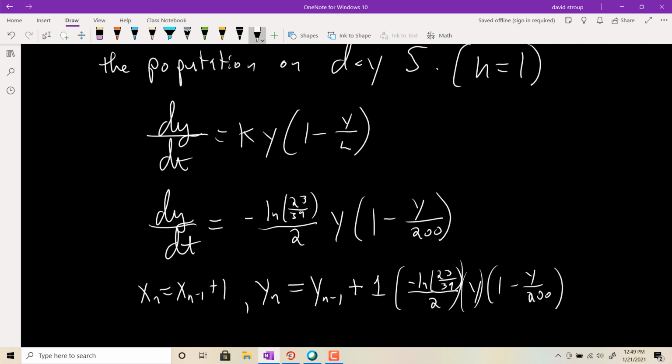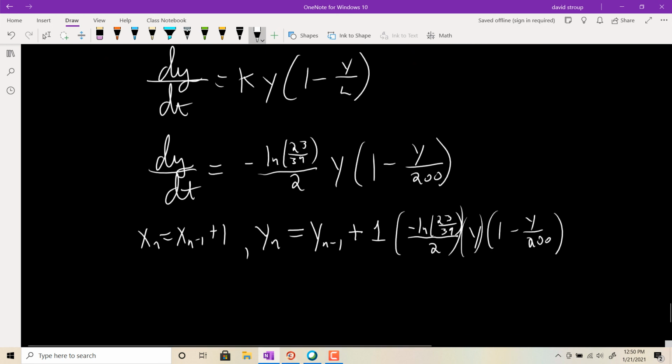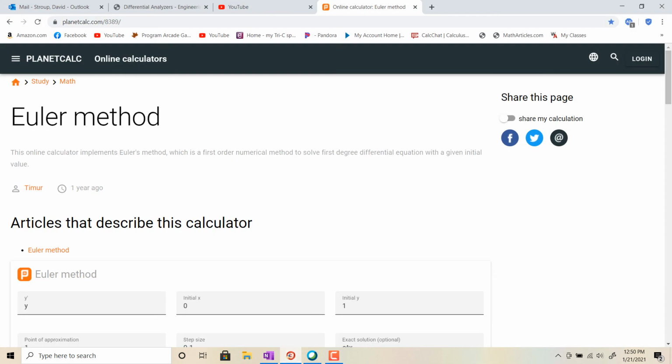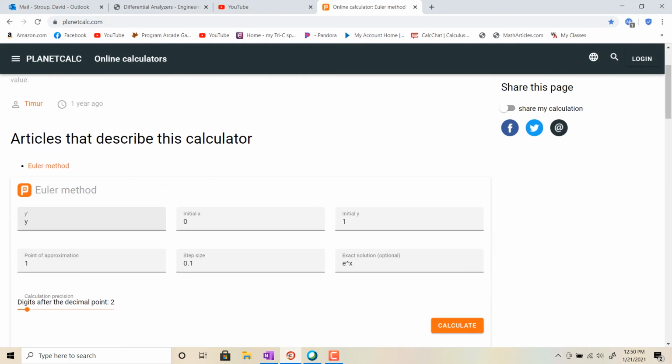Okay, but let's go ahead and just use the internet to figure this out, right? Let's zip on to the Euler Method calculator here. So I'm going to plug in my differential equation, negative ln of 23 over 39 times y. So y times 1 minus y over 200.